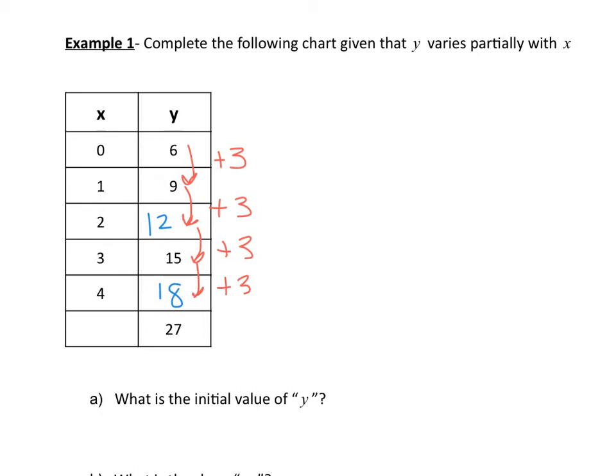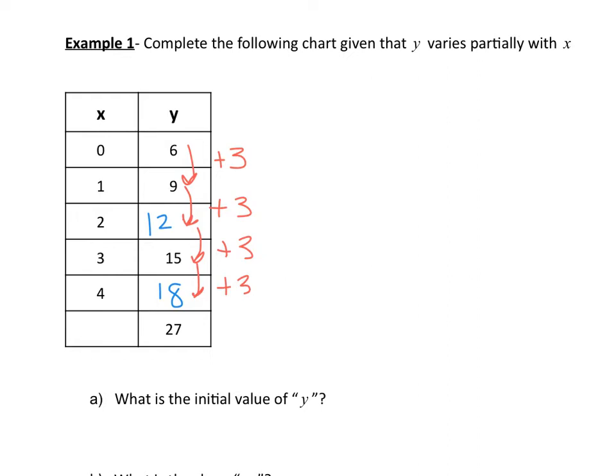Now if I look at my very last value, it jumps ahead to 27, and that doesn't follow my consistent pattern of adding 3, because I know that 18 plus 3 is not 27, it should really be 21. So to me that means that they've tried to trick us, and they've actually skipped some numbers in between 18 and 27.